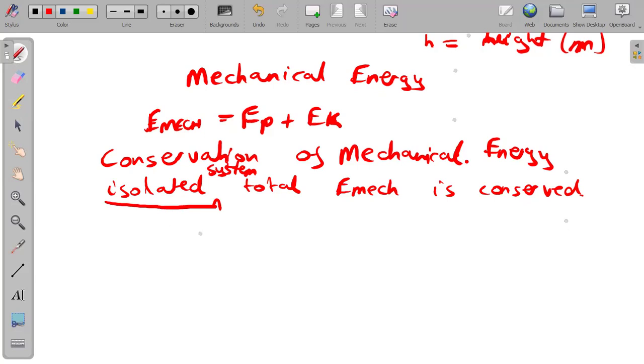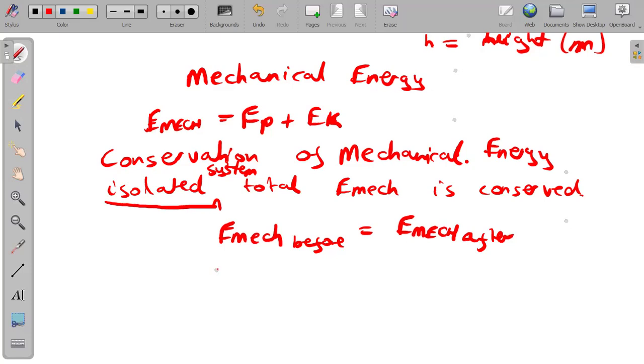This statement also culminates into a mathematical equation. We are saying the Emec before in an isolated system is equal to the Emec after. Mind you, Emec is the mechanical energy. That's a mathematical statement we are bringing in.